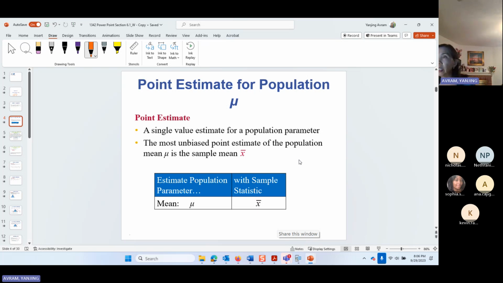If I want to know the household income for the entire city of Fort Worth, and I don't have time to survey every household, I might choose a sample, a good sample using the sampling techniques we used before.